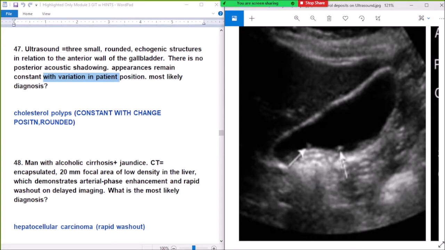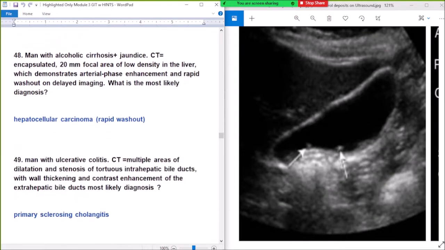Most likely diagnosis: cholesterol polyps. The rounded echogenic structures on the anterior gallbladder wall have no posterior acoustic shadowing and remain constant with change of position. Diagnosis: cholesterol polyp or gallbladder polyp. Question 48.